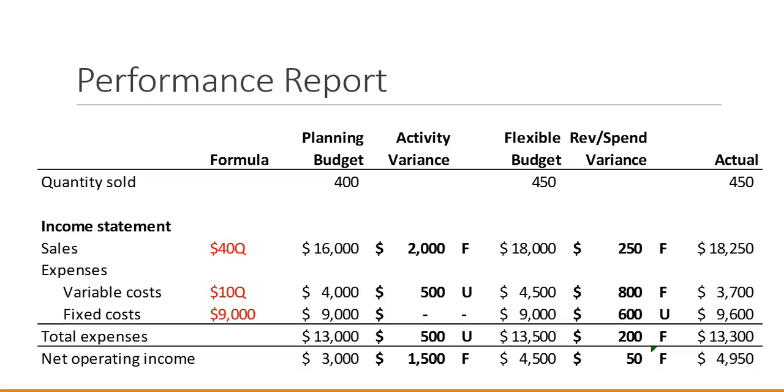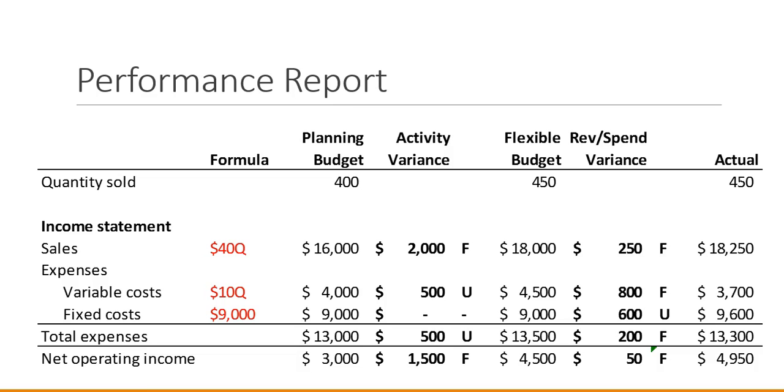We're starting with our formulas on the left side of the screen. From the formulas, based on a planned unit sales of 400, we create our planning budget. In the middle of the analysis, we have calculated the flexible budget based on 450 units, which came from the actual units sold. In between planning and flexible, we have the variances that are solely based on change in units from budget to actual.